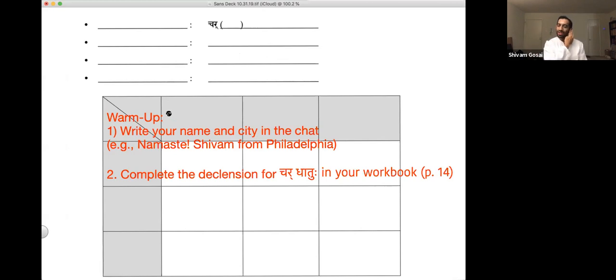So, welcome to class. So we are doing the basic foundations of Samskritam language. And we study this again not because we really like to be grammar scholars, but because we want to access Shastra, right? Because we want to access the scriptures.